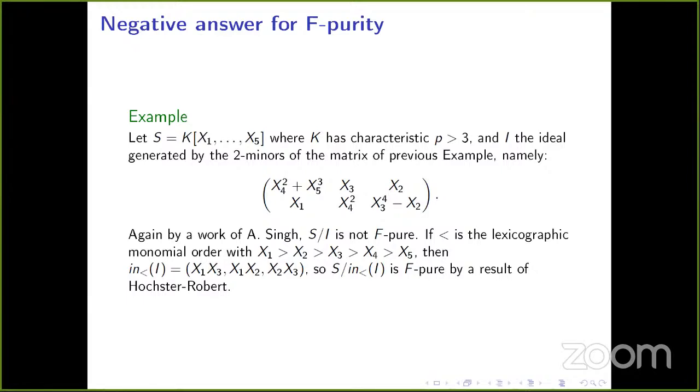It is generated by the squarefree monomials x1x3, x1x2, and x2x3. Since it is squarefree, by a result of Hochster and Roberts, it is F-pure. So here also we have an example where S mod the initial ideal is F-pure, but S mod I is not F-pure. So this gives a negative answer for F-purity.